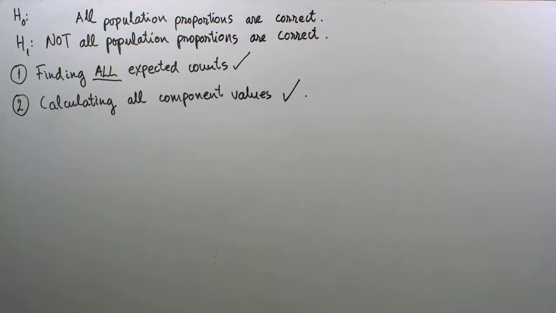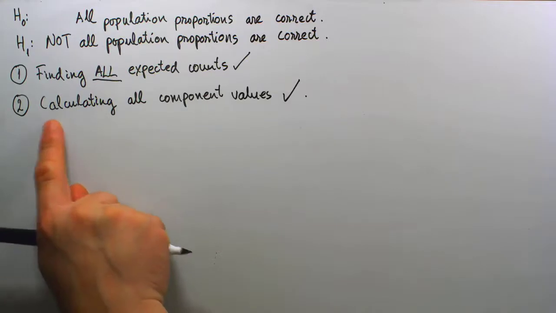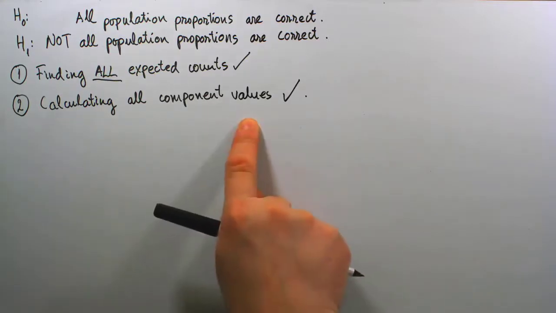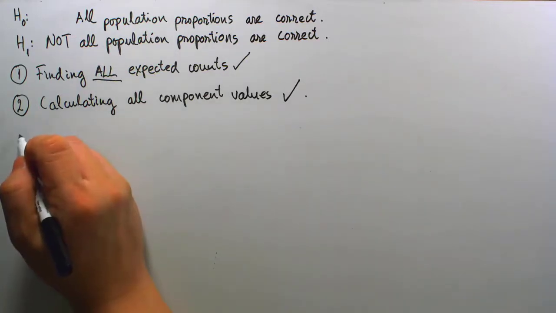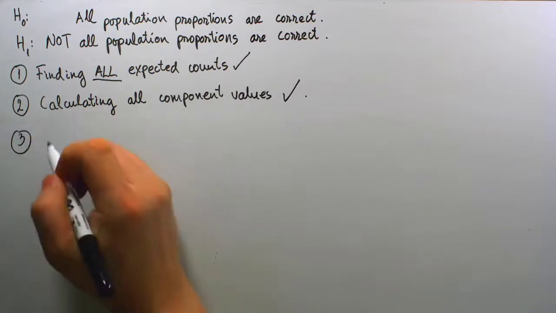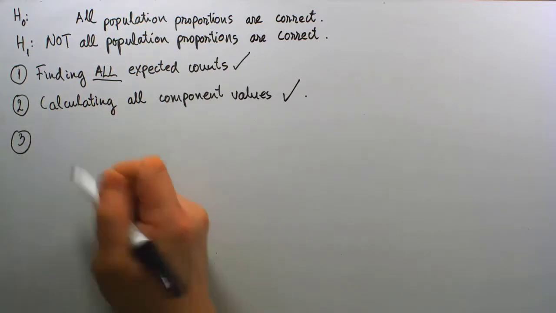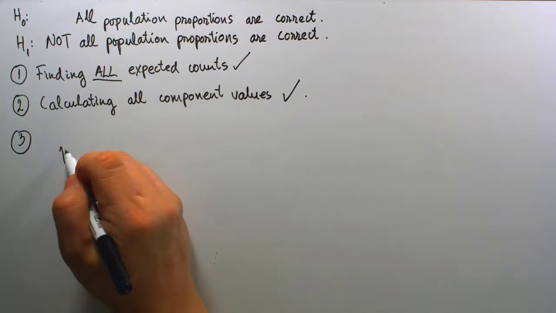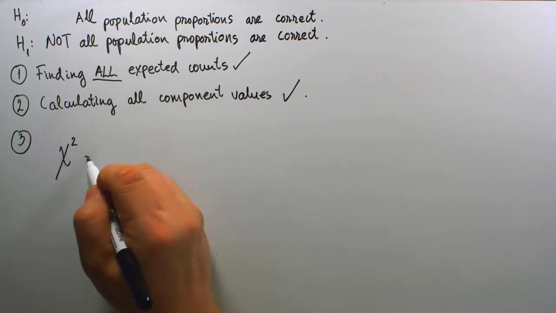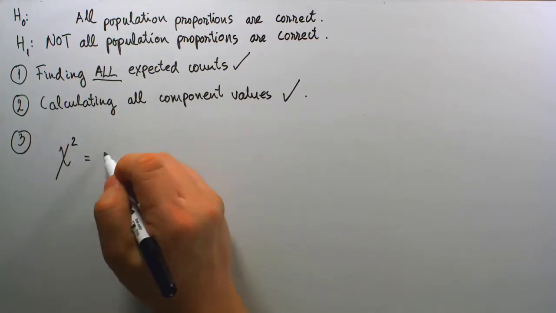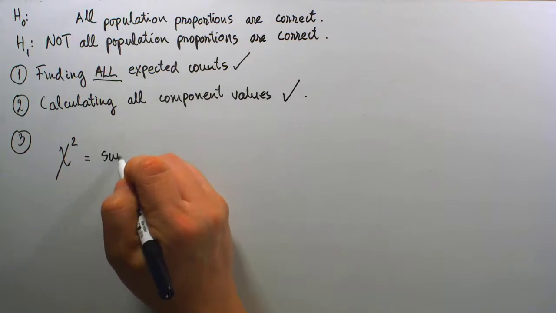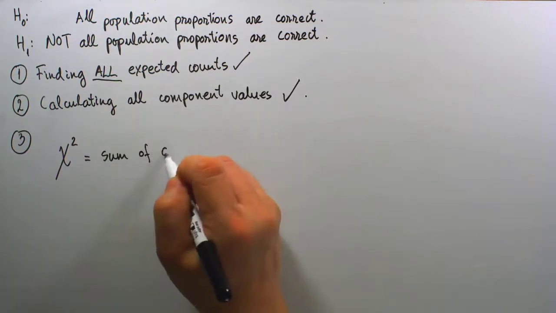And now once we have successfully calculated all component values, or for short, components, the next step after that is to calculate the chi-square. Chi-square is calculated as the sum of all components.